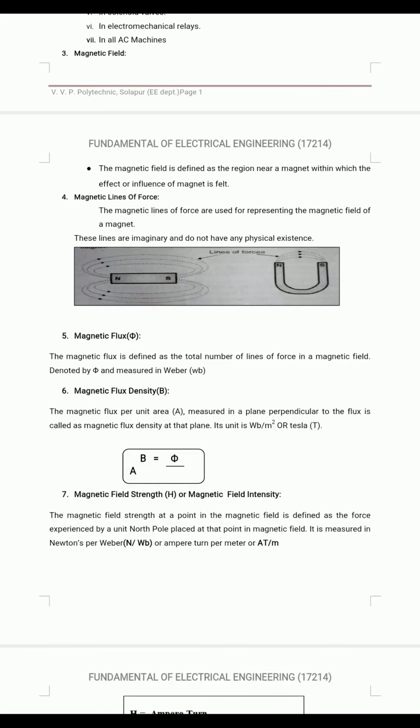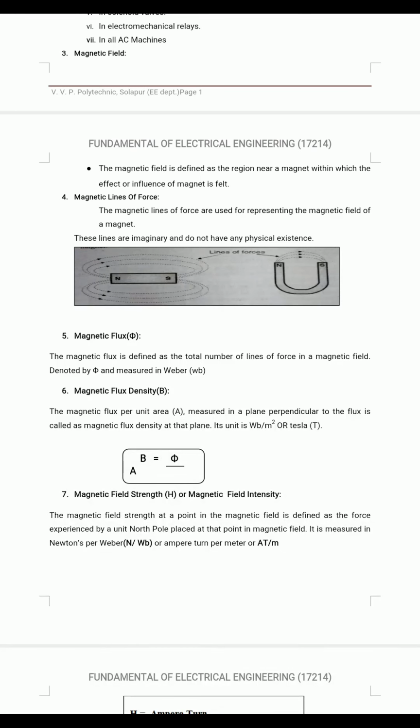Whenever we place a magnet in a magnetic field, how much force is going to be applied by that north pole? That force is nothing but its strength.